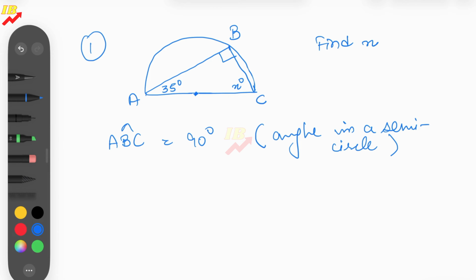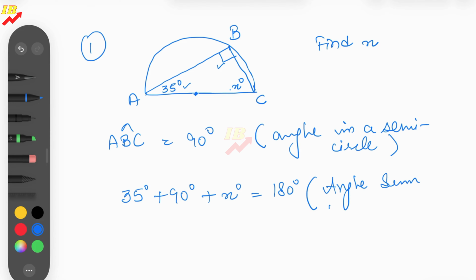Now I know that this is 90, this is 35, and this is x. So if I have to find x, I can use the triangle property here. I can write 35 degrees plus 90 degrees plus x degrees is equal to 180, and the reason is angle sum property of a triangle.